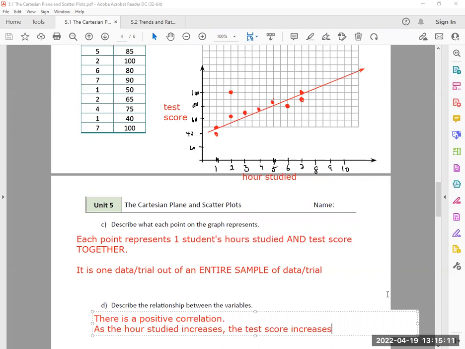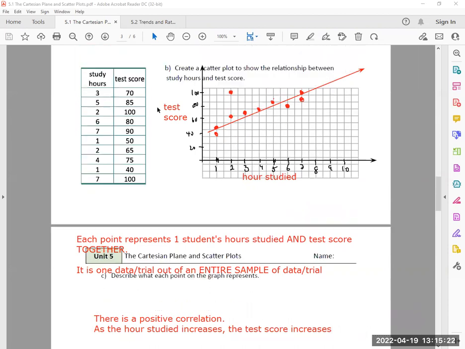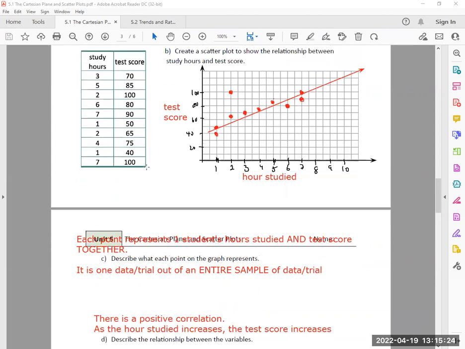But anyways, last thing before I set you off on a bit of a wellness break and you guys can chill. There's one piece of data that just does not seem to work. What is it? One piece of data just doesn't seem to fit in with the rest of the crowd.